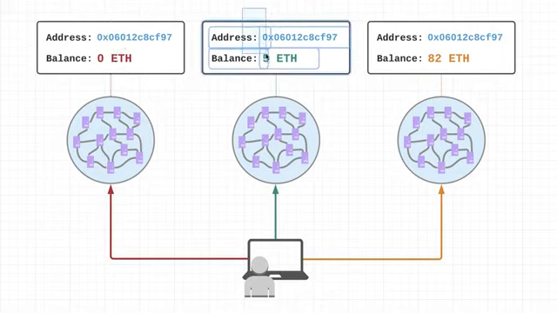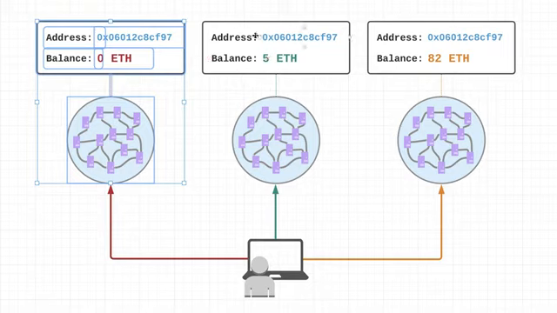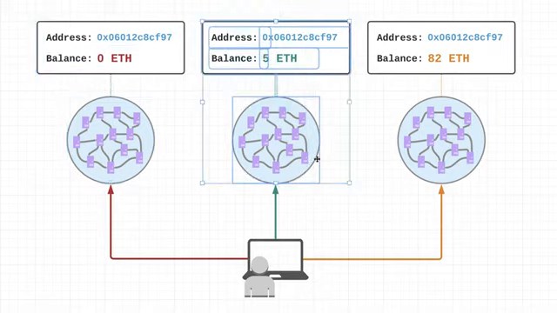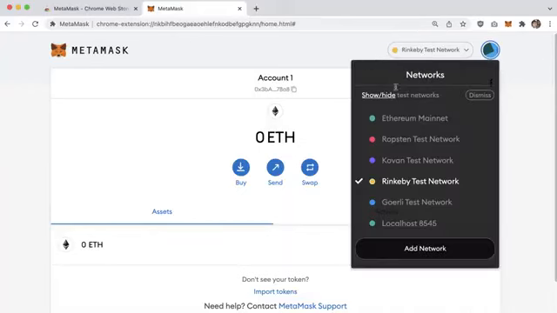Whenever I connect to a different network, a development network, and I start getting Ether for that network, this network knows nothing about the other. In other words, the Rinkeby test network has no idea what's going on in the Ethereum main network. It has no idea it exists. It really is completely isolated, a completely different environment.